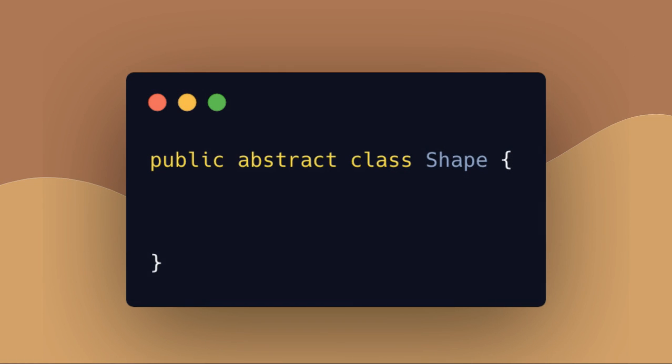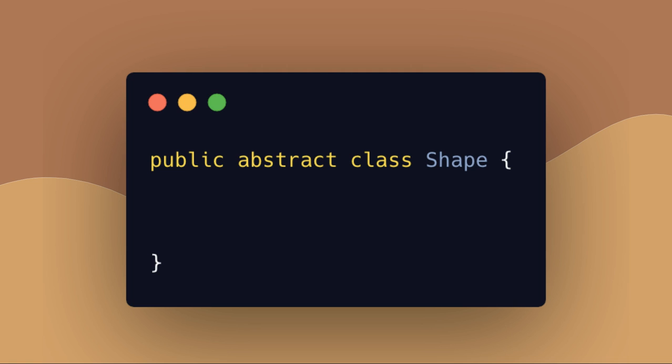An abstract class is not designed to be instantiated. It's designed to be extended, thus pushing the burden of implementation onto the subclass. For example, a shape is an abstract concept.